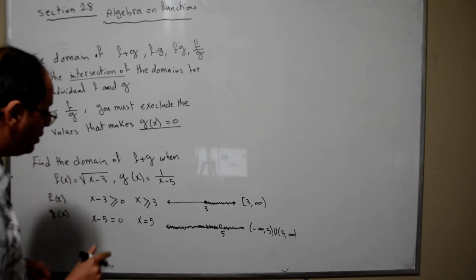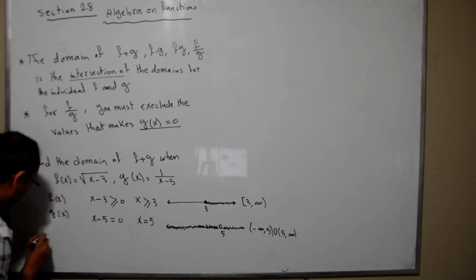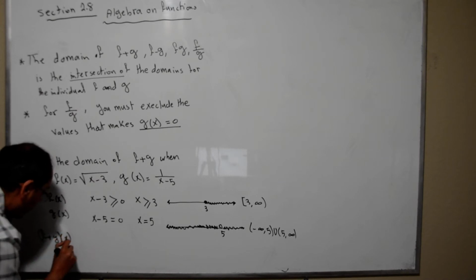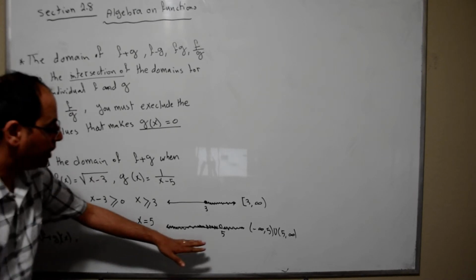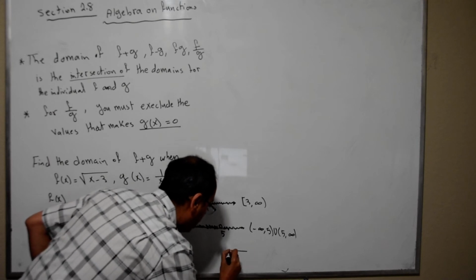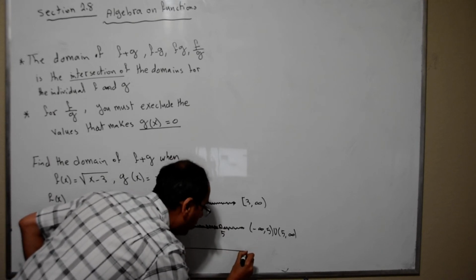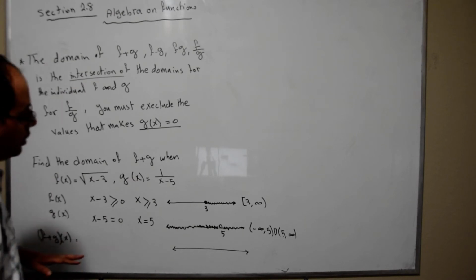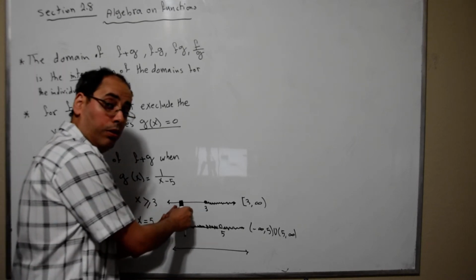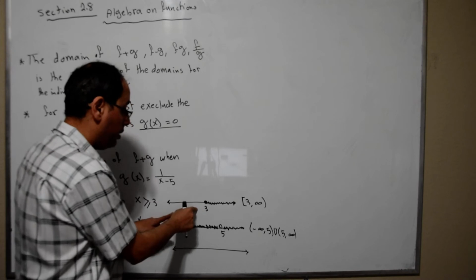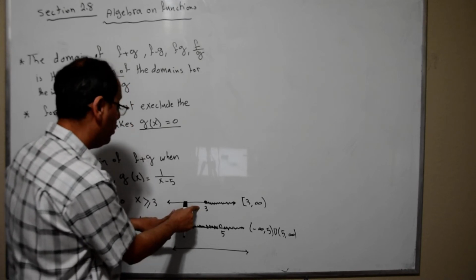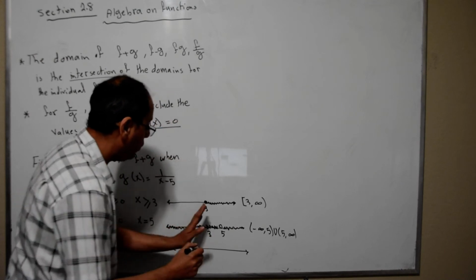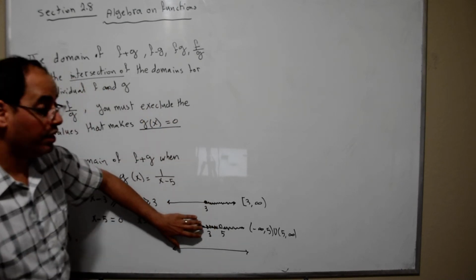The new thing is the next step, the domain of f plus g of x. Okay, so I'm going to graph a third number line. Right below 3 is not in the domain of f of x, so anything below 3 is skipped.